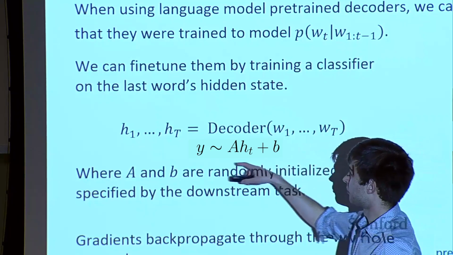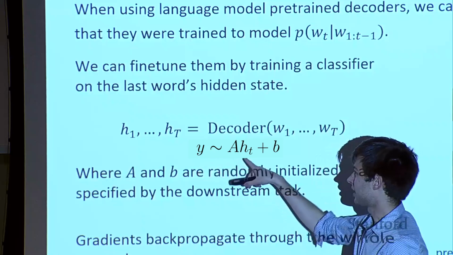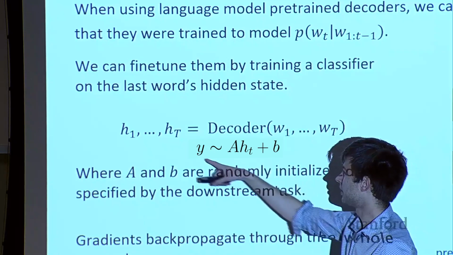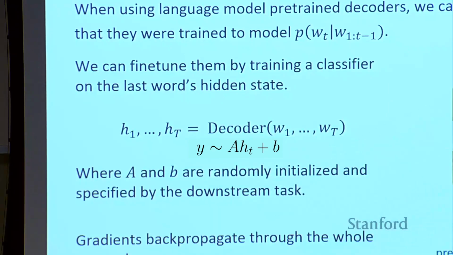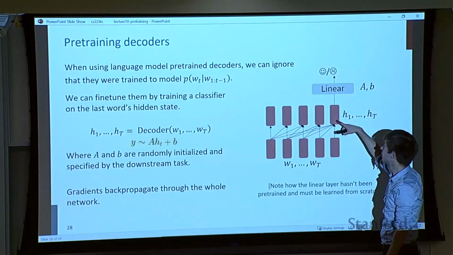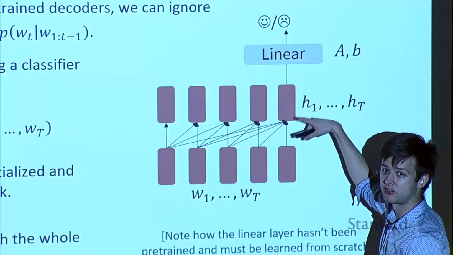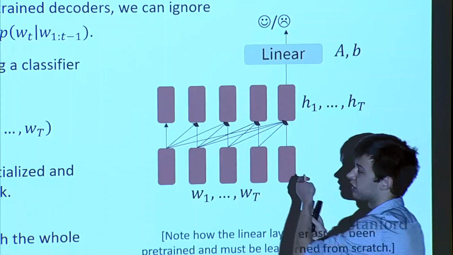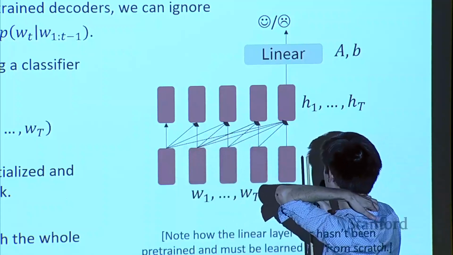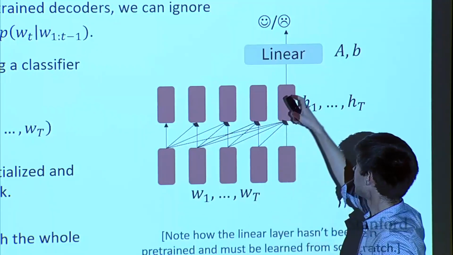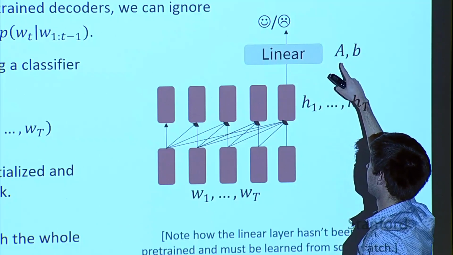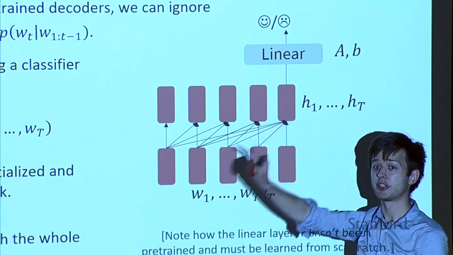Okay, and then when we're fine-tuning this, we can take the representation, this should be h_T, and then the picture here is, here's h_T. It's the very last state. And now this has seen all of its history, and so you can apply a linear layer here, maybe multiplying it by some parameters A and b that were not pre-trained.